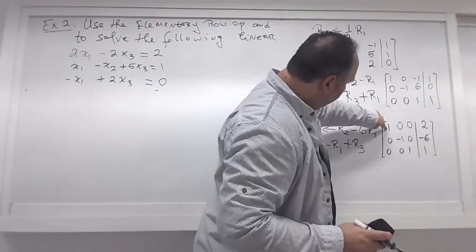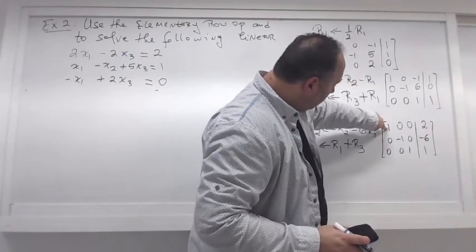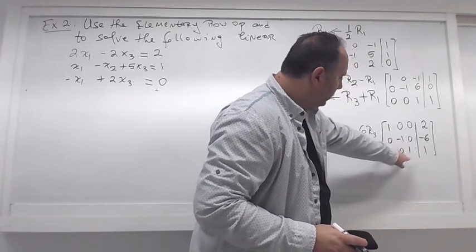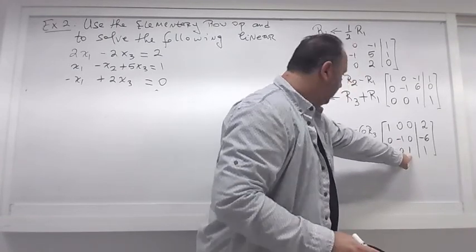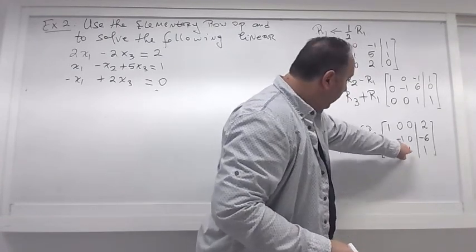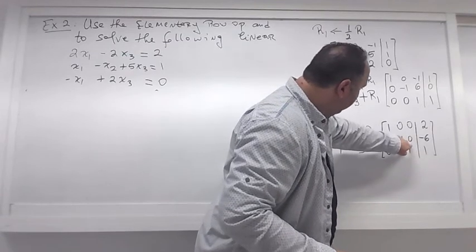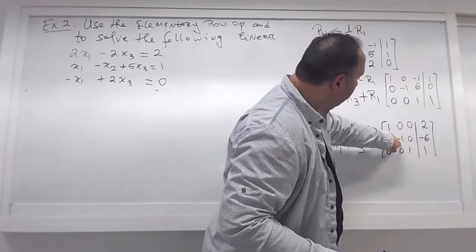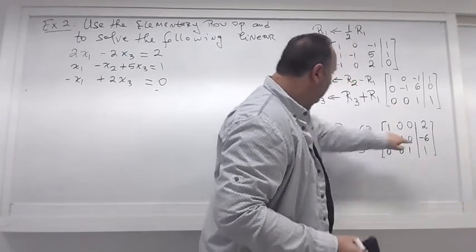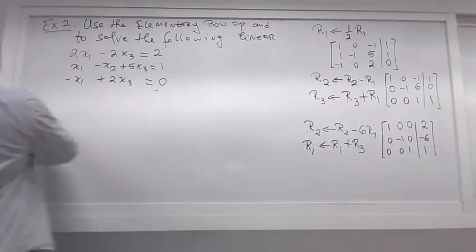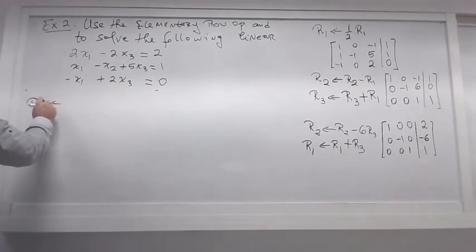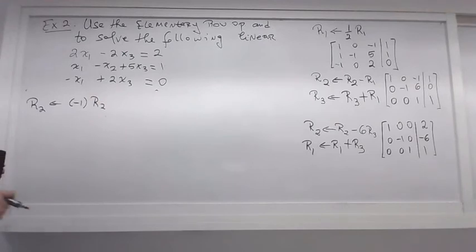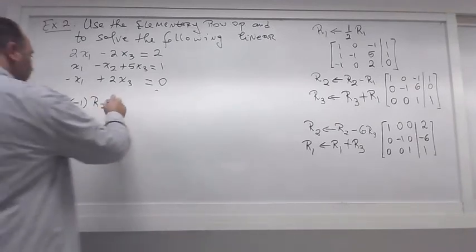We want to have our leading entry 1 with everything below 0. Then my leading entry needs to have zeros above also. Done. My leading entry needs to be 1 and has 0 above. The only thing left is, I need to replace row 2 by minus 1 times row 2. And then I'm going to be a happy man.